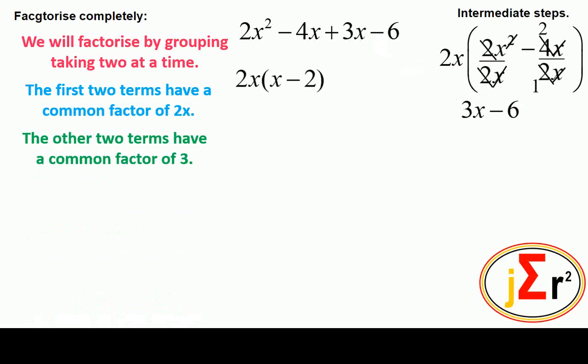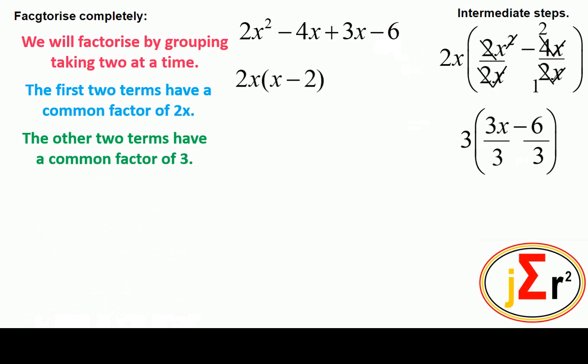The other 2 terms have a common factor of 3. Take the common factor and divide each term by the common factor, just like the first pair.